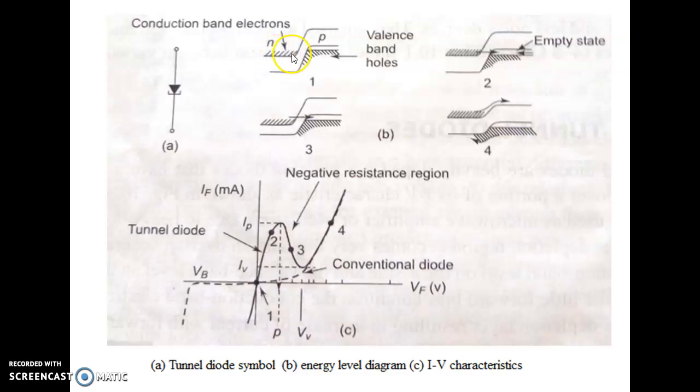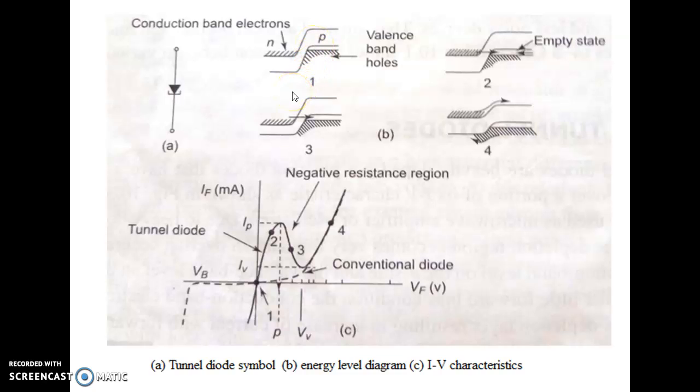And if you look at the other side, the p plus side, you will have a lot of valence holes. These are valence holes and these are the empty states. Now, if you apply some voltage across this diode, how does the energy band diagram look?